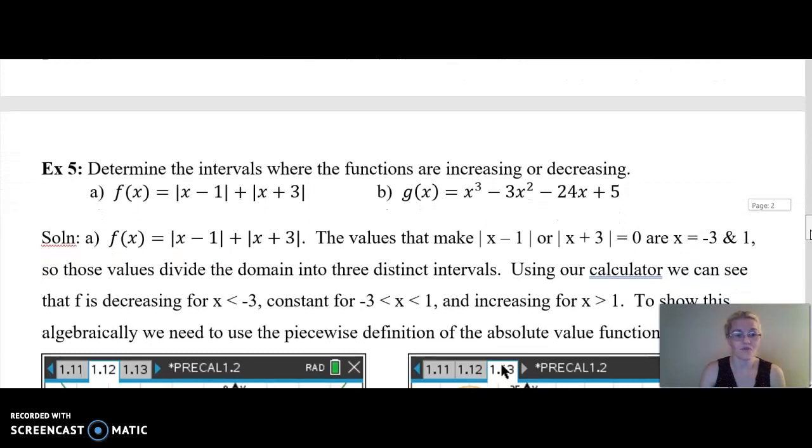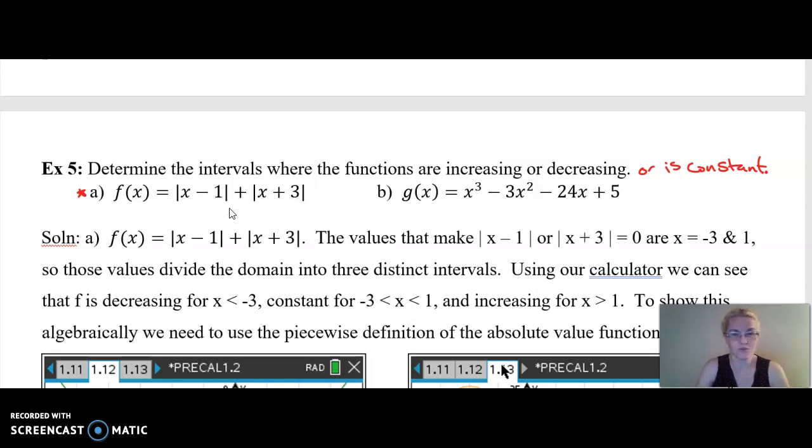So example 5, determine the intervals where the functions are increasing or decreasing, and I really probably should have also included the words or is constant, because we actually will see that in example A here. Now, for A, f of x is the absolute value of x minus 1 plus the absolute value of x minus 3.